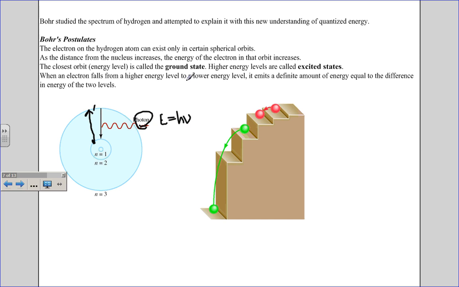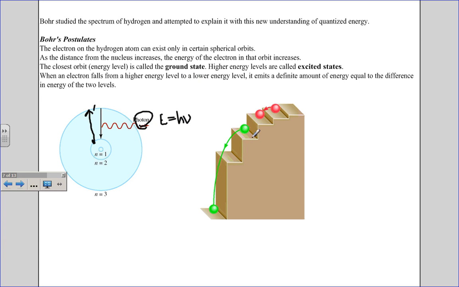When an electron falls from a higher energy level to a lower energy level, it emits a definite amount of energy equal to the difference in those two energy levels. This diagram here is a good visual. If this red ball falls from this step to this step, it's going to release a very specific amount of energy. If this green ball falls from this one to this one, it's going to release a certain amount of energy.